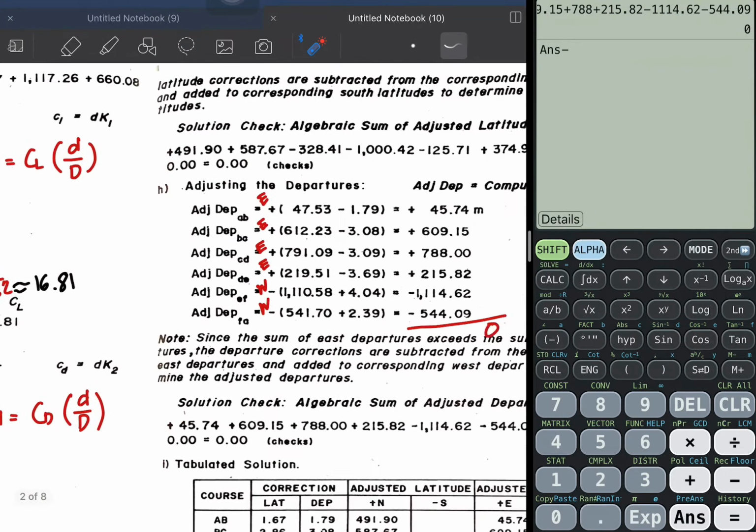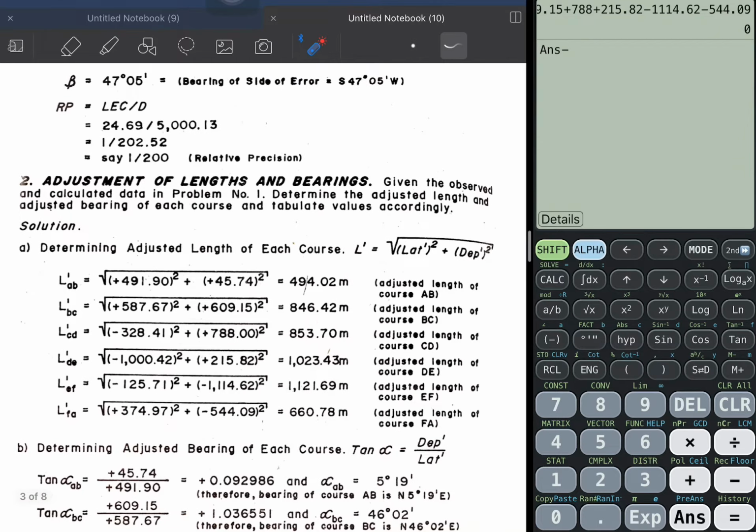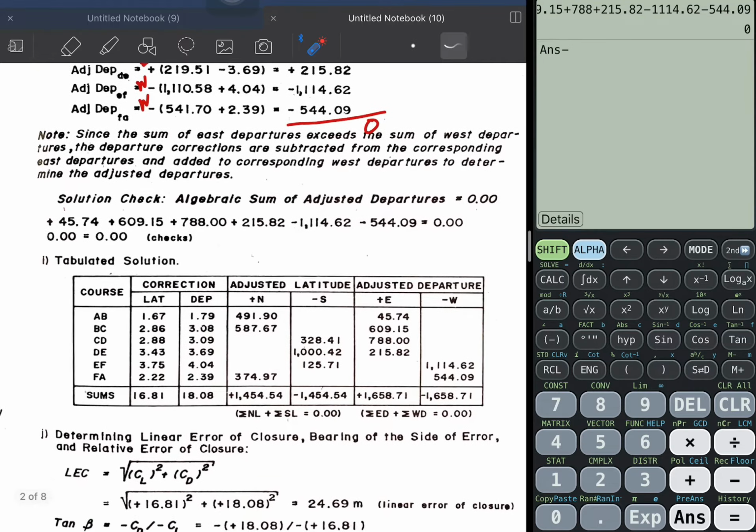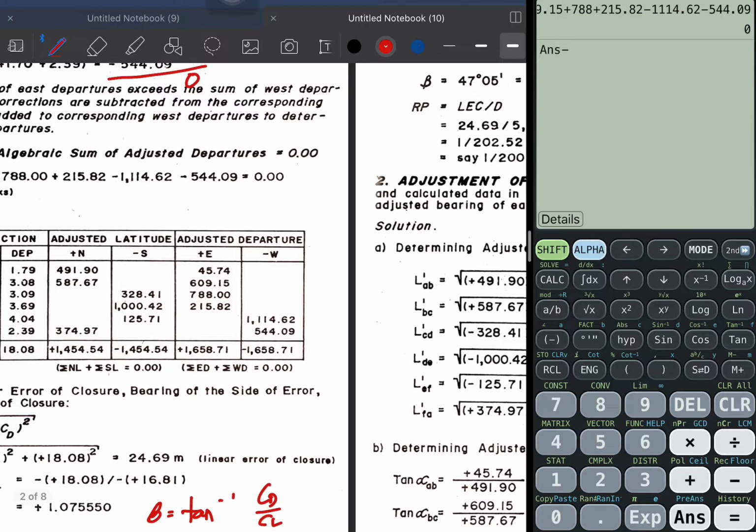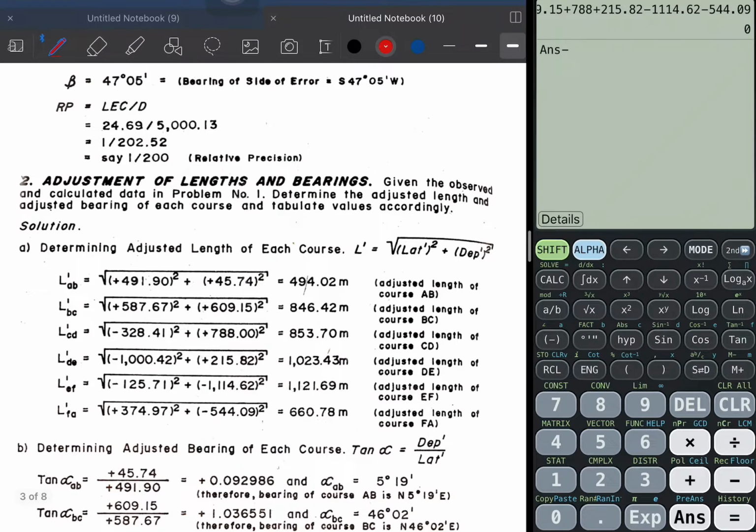24.69. And then for the angle beta, you have this formula. Beta is equal to tangent inverse of CD over CL. Okay, so you have your answer equal to 47 degrees 5 minutes. And then for the bearing, that is southwest.